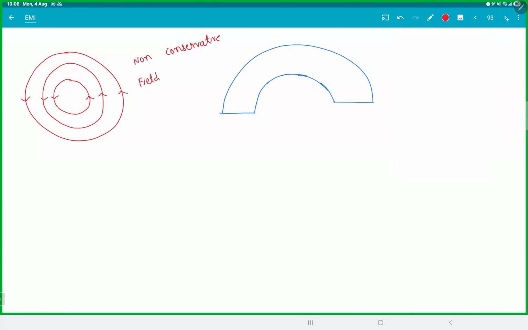This electric field which is present will start dragging the electrons. I'll write this as E non-conservative. This force will be this way. So these electrons will start piling up here, and this side will become positive. So you have created static charges.